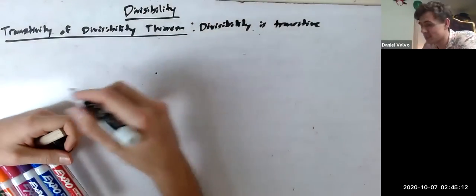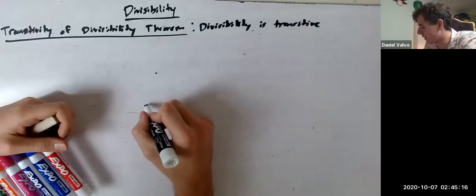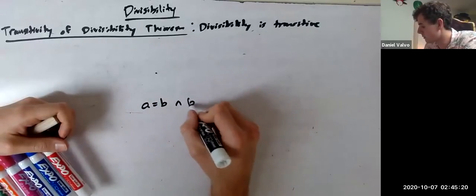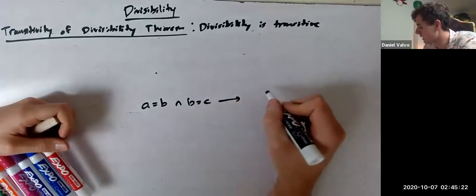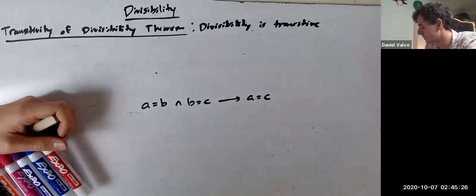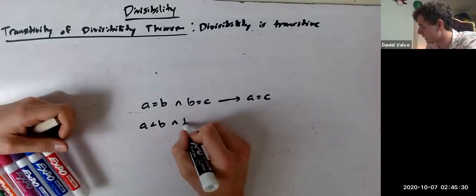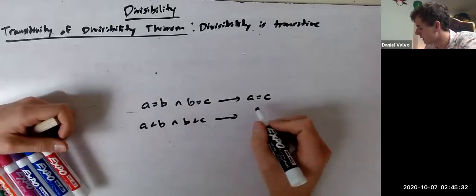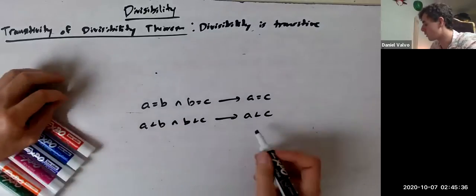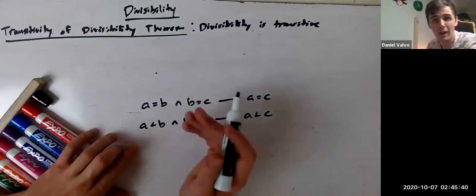What transitive means for any kind of operation is that, for example, if A equals B and B equals C, that means that A equals C. Or like if A is less than B and B is less than C, then A is less than C.